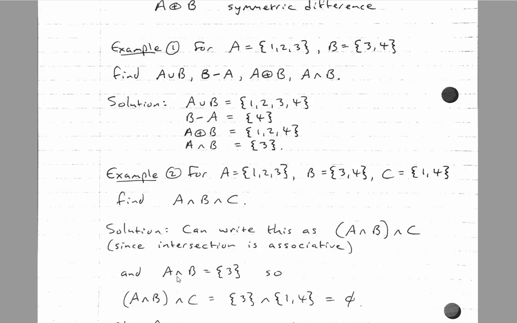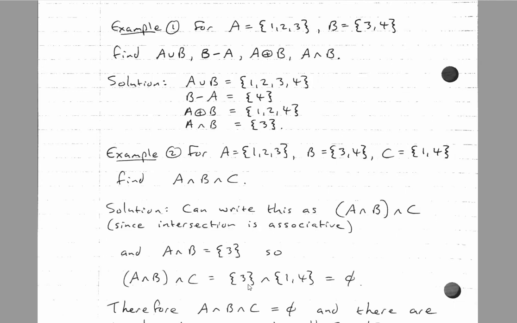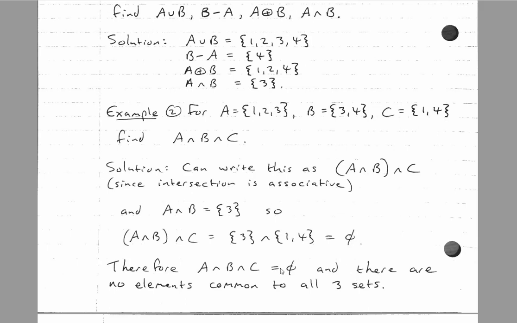This new set, so what's the overlap between these two? Well, that's the empty set. Alright, so the intersection of these 3 sets is empty, so there's no elements that are common to all 3.